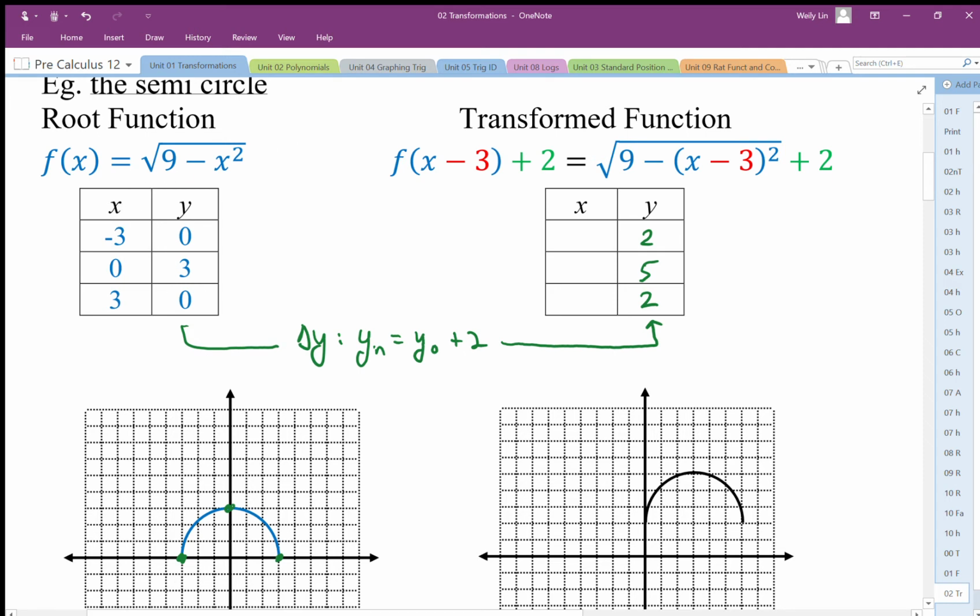So when I do my change in x's, I'm going to take my old x, this is my x minus 3, and actually I need to get back to this old x here. So this is actually my new x. And the reason why it's backwards is because really I'm just undoing this minus 3.